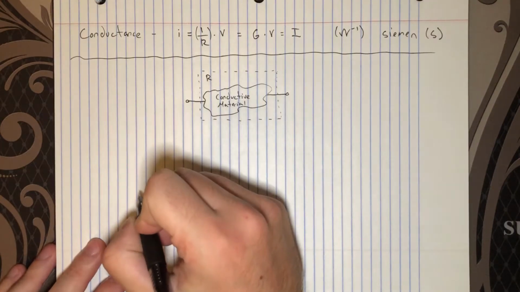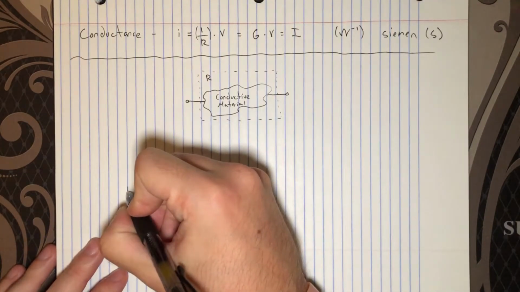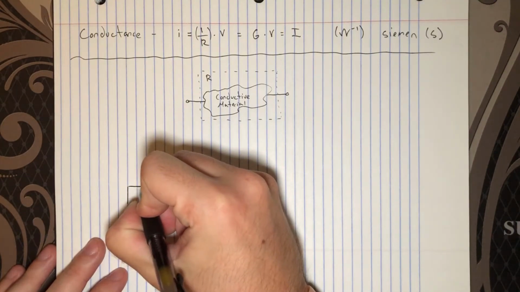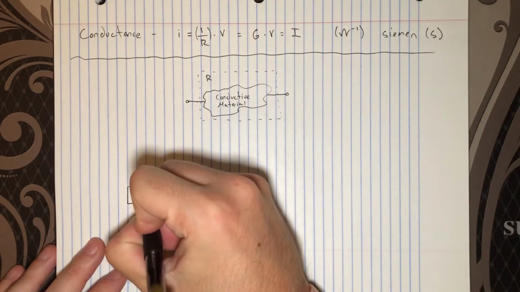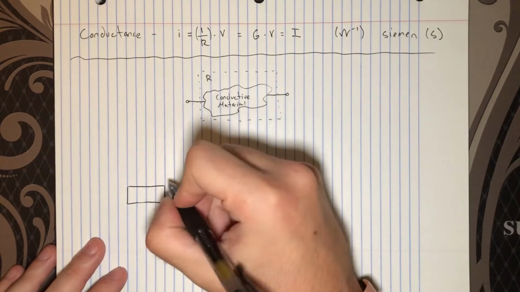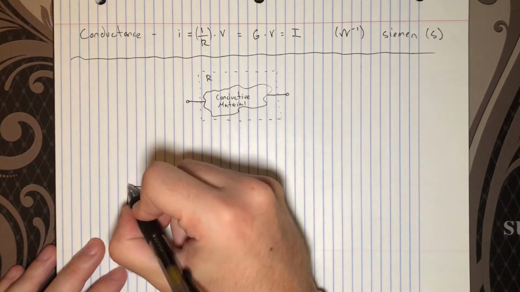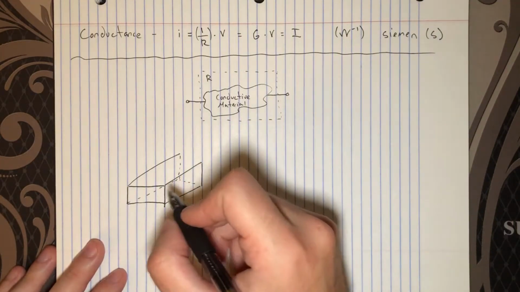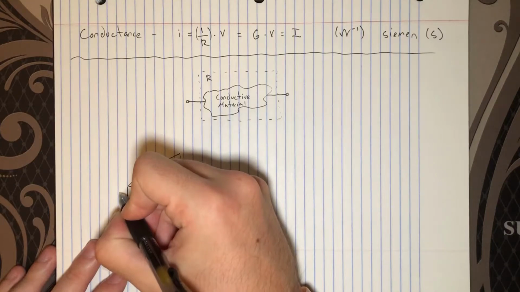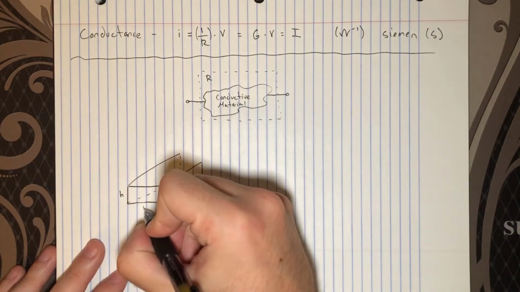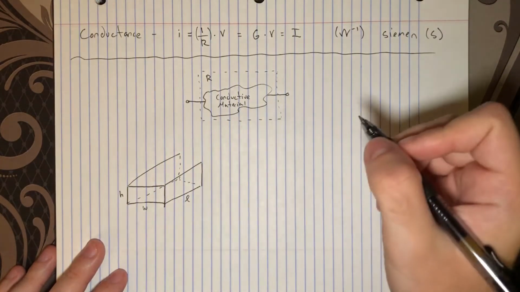Let me start like this. This is a three-dimensional shape I'm trying to draw. I have this rectangular prism that looks something like this, and it has a height, a width, and a length.